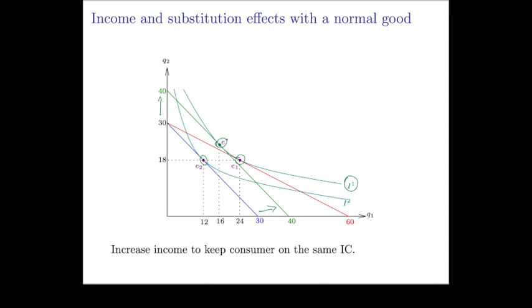And if you did the math, and we'll do that later, you'd find that if you give this consumer more money to bring them back to this indifference curve I1, they're going to consume a bundle E star such that they consume 16 units of good 1.